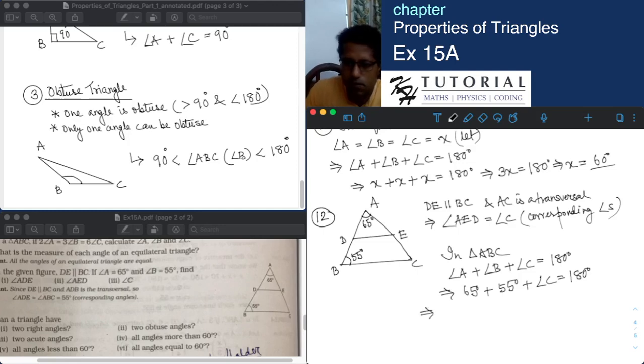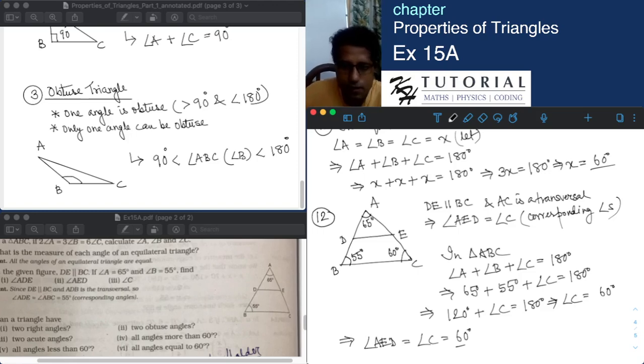This implies 120 degrees plus angle C equals 180 degrees. This implies angle C is equal to 60 degrees. So angle C we have found to be 60 degrees. So this implies that angle AED is equal to angle C, which is equal to 60 degrees.